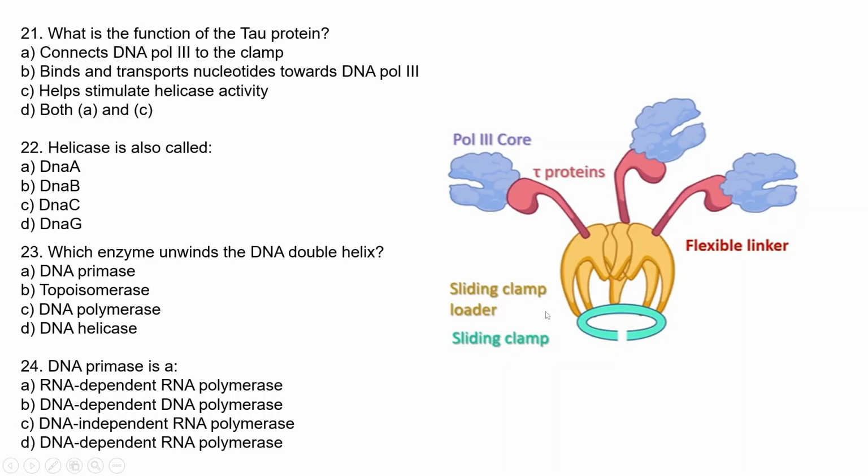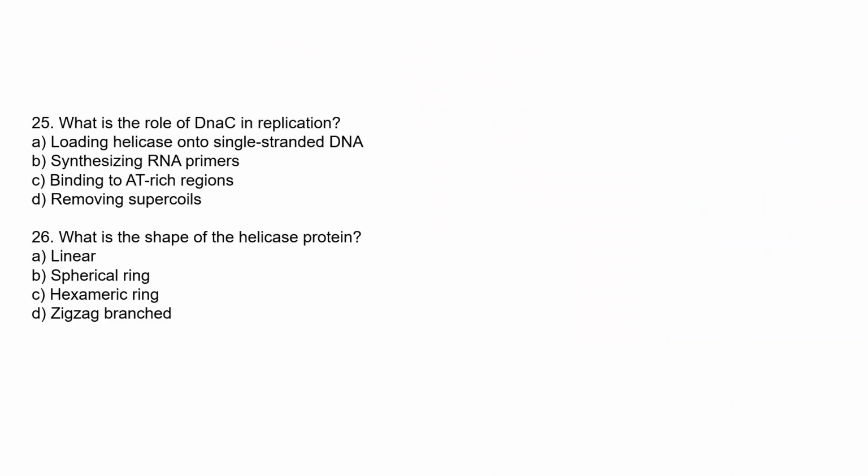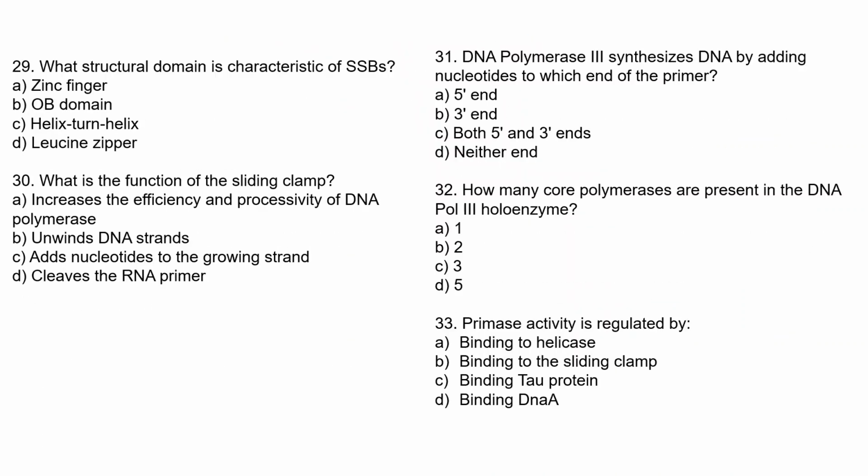This is the clamp loader, and this is the actual clamp that allows it to loop around the DNA and allows it to move. I think this clamp loader has 5 subunits, yeah. So this is how it looks. It's good to know this because it's important to understand what components this entire protein complex has that allow it to move forward in the way it does.